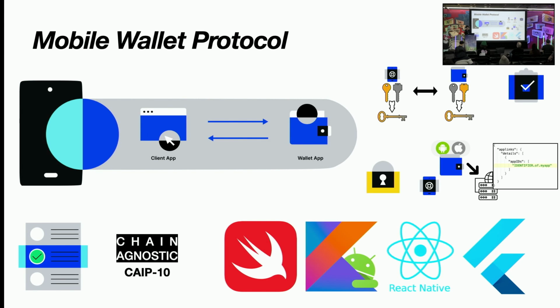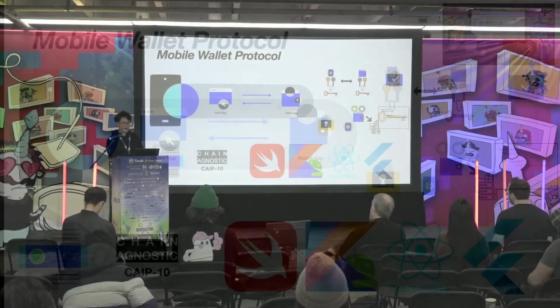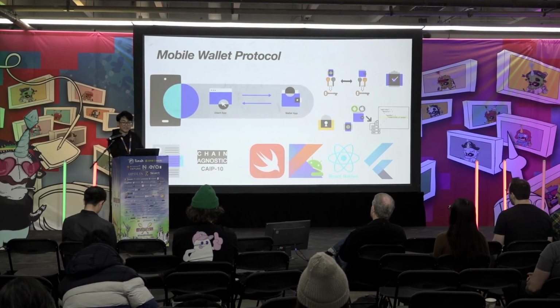So that's the mobile wallet protocol. Direct and more reliable, ensuring security with cryptography and some mobile technologies. It's fully decentralized. It has batch request support, and it supports multi-chain. I didn't mention that, but it's chain agnostic.